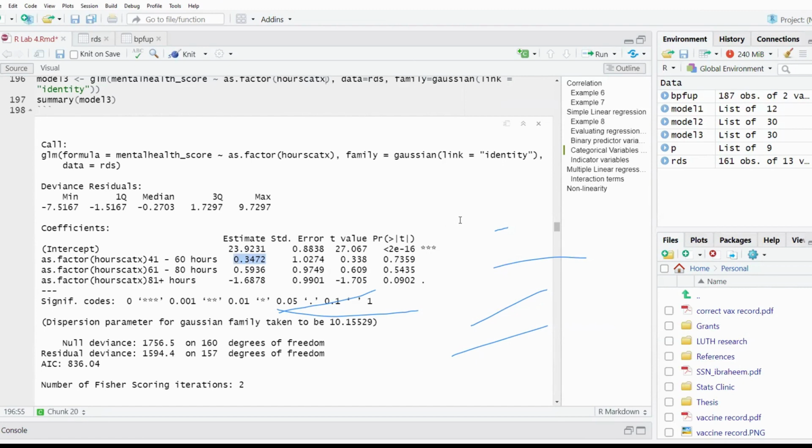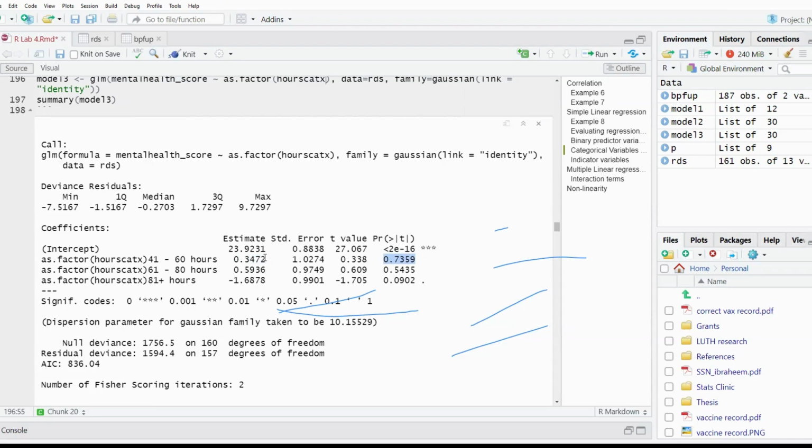For the first one, it means it has a linear positive relationship. And then if you look at the p-value, it is quite a bit higher than 0.05, which means there's no relationship. Very good, there's no relationship.